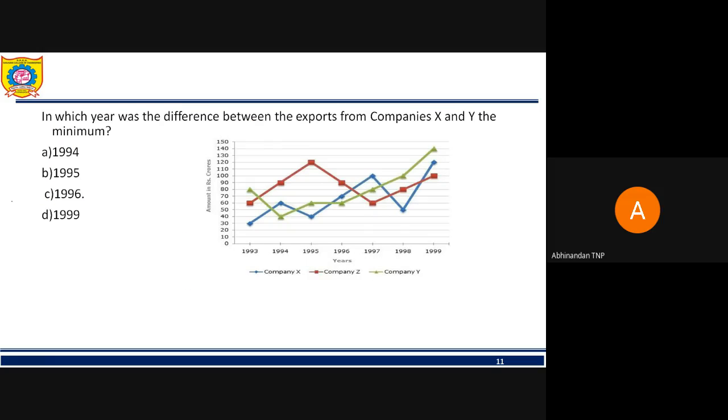Okay, go for next. In which year was the difference between the exports from company X and Y the minimum? So in which year the difference is asked. Difference between the export from the company X and Y. This is X, and Y is this one.